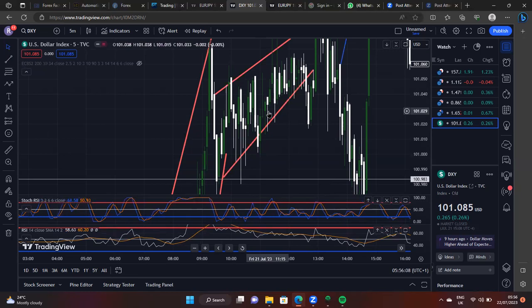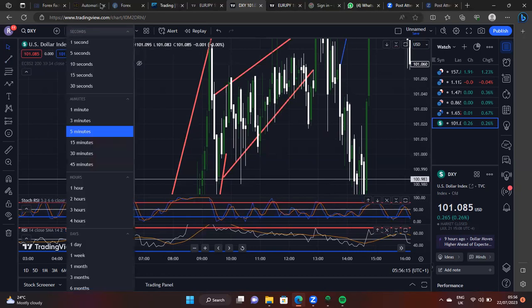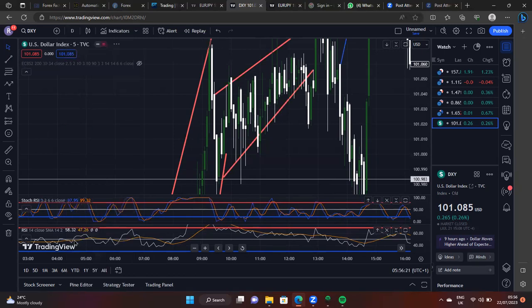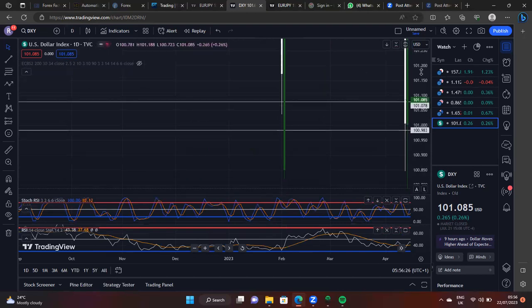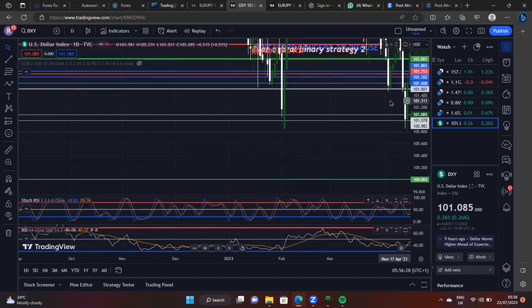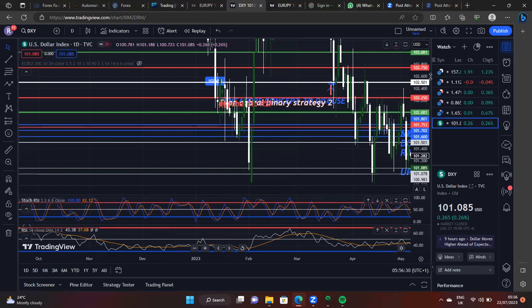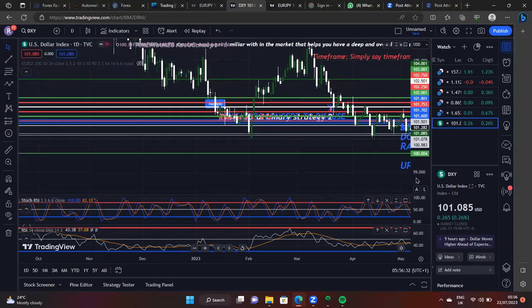You trade in minutes, they trade in weeks and days. If you take this chart and move it from 5 minutes to a 1-day chart, we have a different look. We have something so different. Look at what we're having.